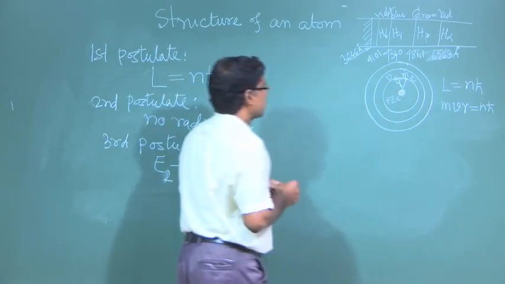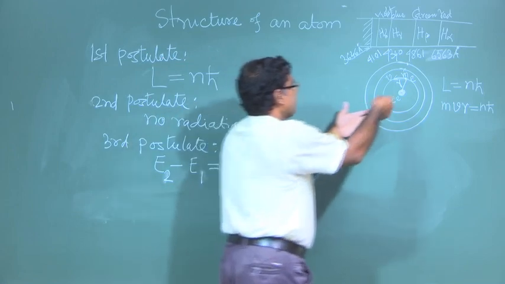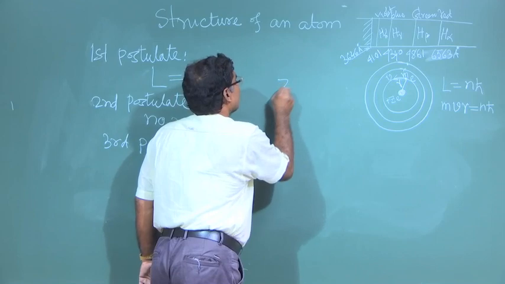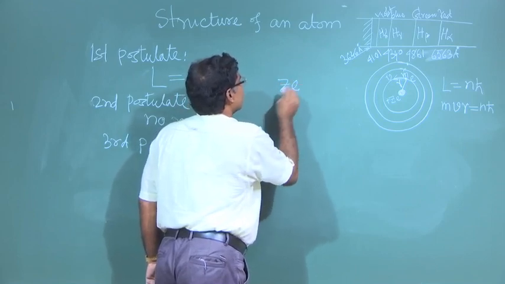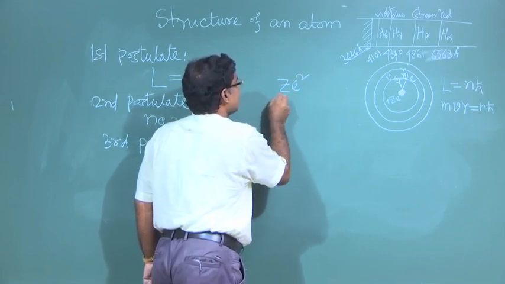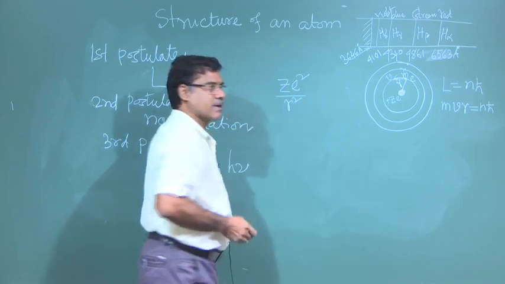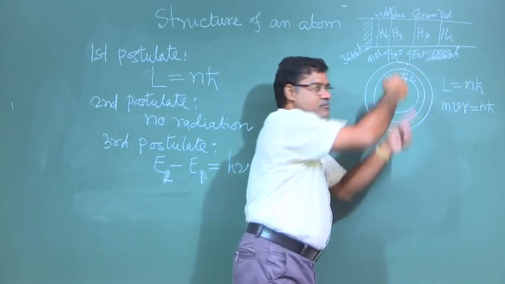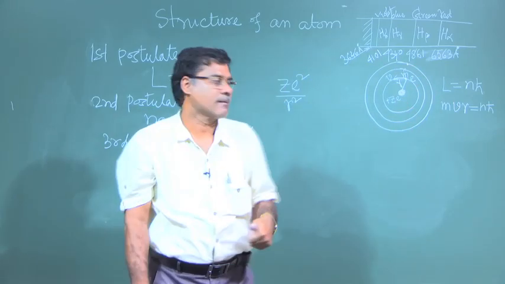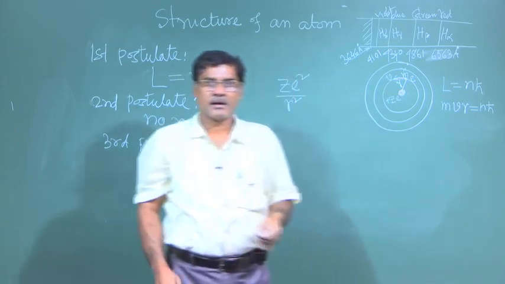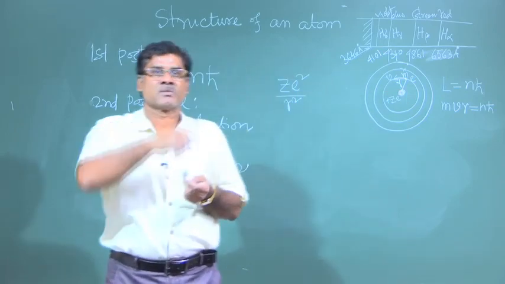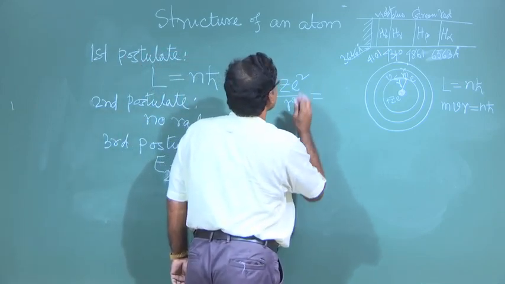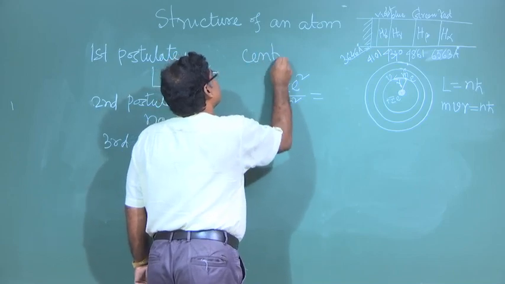So, they are revolving. So, as we know, the Coulomb force is Z e square by r square. So, that is the attractive force. So, the electron will feel a force towards the nucleus, and when it is revolving, there will be a centripetal force.